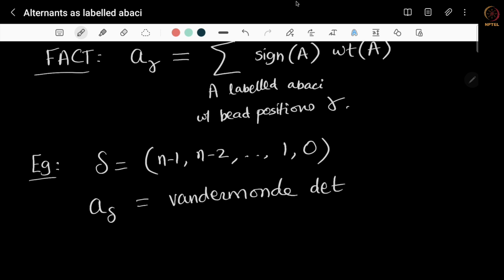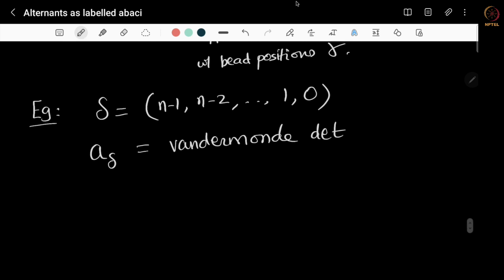Okay, good. Now let's look at a special case, which is the Vandermonde determinant itself. Recall that's what we call delta, the bead positions. So in this case, I'm going to look at the alternant corresponding to delta, which is n minus 1, n minus 2, ..., 1, 0, and recall A delta is exactly what we call the Vandermonde determinant.